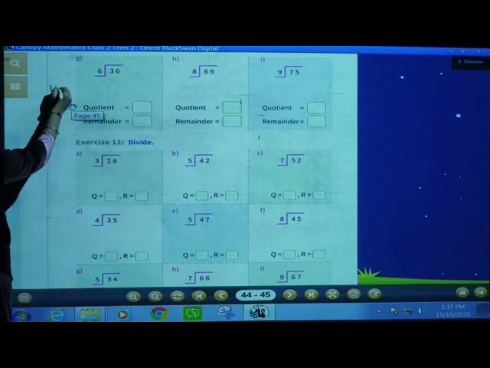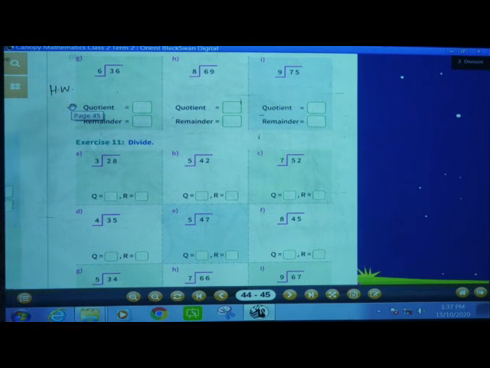This is the homework you have to solve at your home.